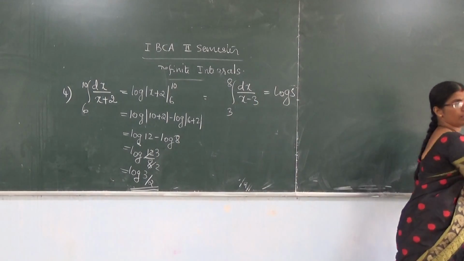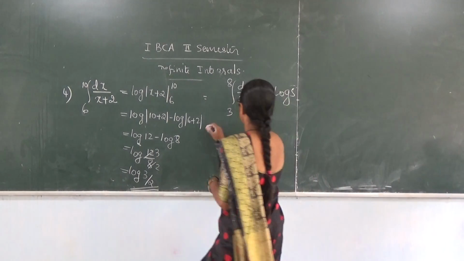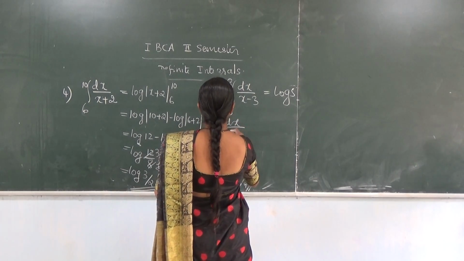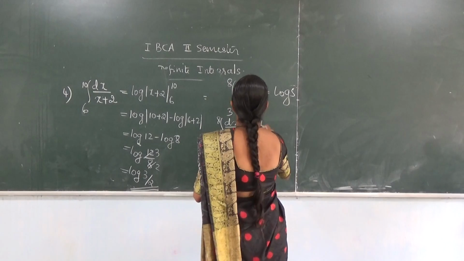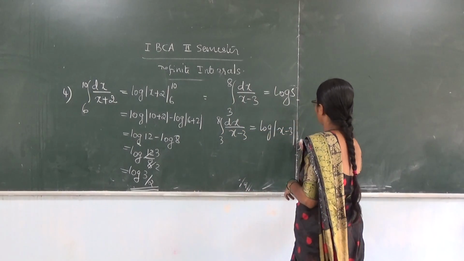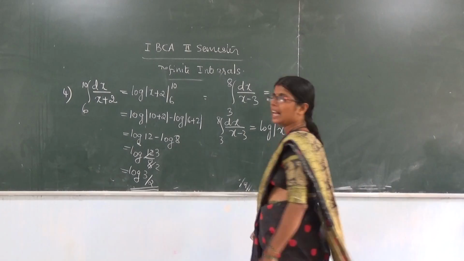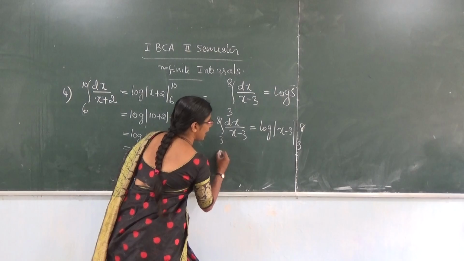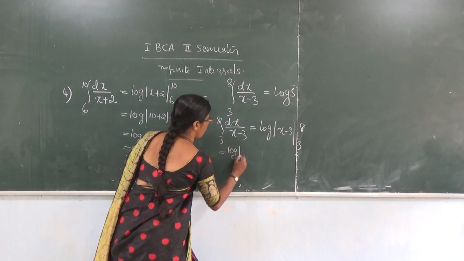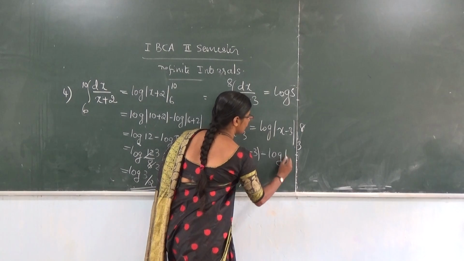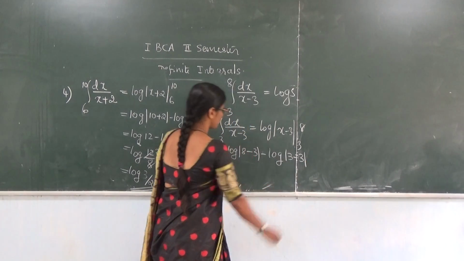So that is equal to the integration of 1 by x minus 3, which is log of x minus 3, from 3 to 8. Log of x minus 3 from 3 to 8, and that is equal to log of 8 minus 3 minus log of 3 minus 3.